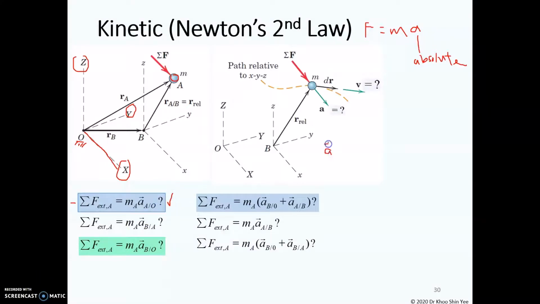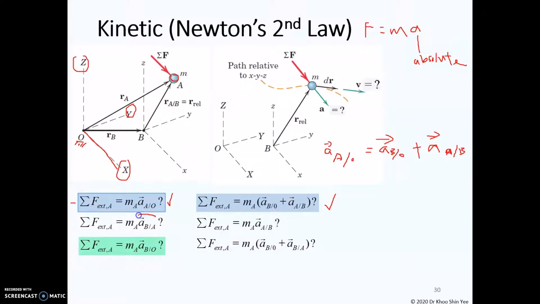Since the acceleration of A with respect to O is equal to the acceleration of B with respect to O plus the acceleration of A with respect to B here, therefore this second equation is valid as well.